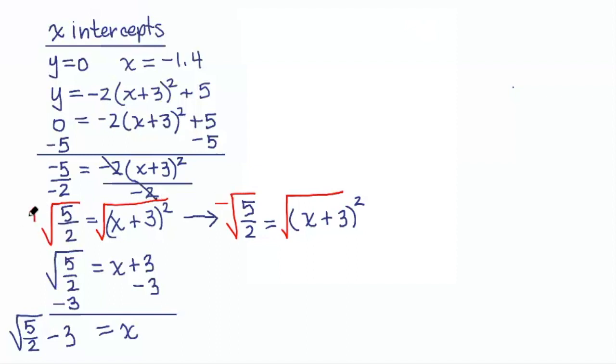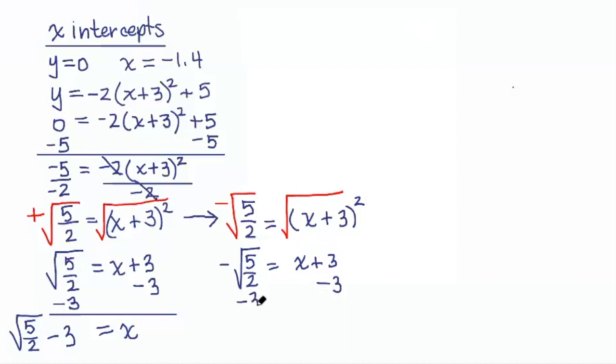So this would have been my positive root, this is my negative root. And that does change things just a little bit because now you have a minus square root of 5/2 equals x plus 3.